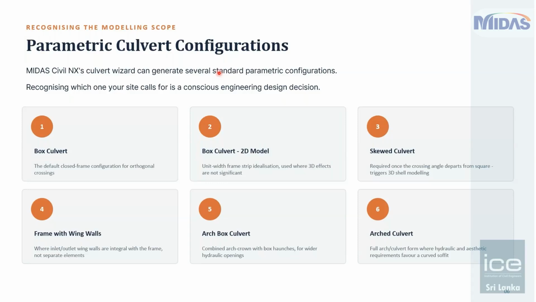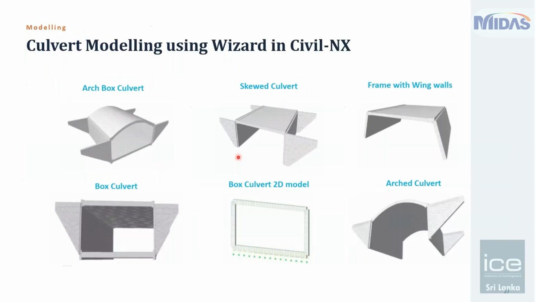If you have skewed culverts, we also allow modeling culverts with skew or even culverts with radiuses. Then there is frame with wing walls. The wing walls can also be modeled in all these options, along with arch box culvert and arched culvert. These are the different culvert geometries that can easily be generated using MIDAS Civil Annex.